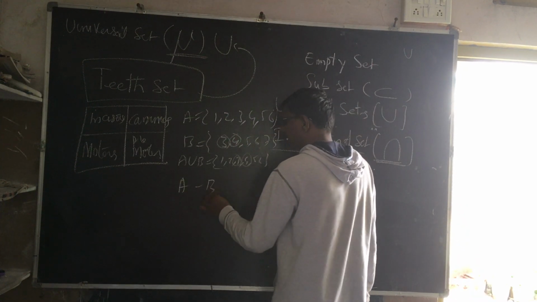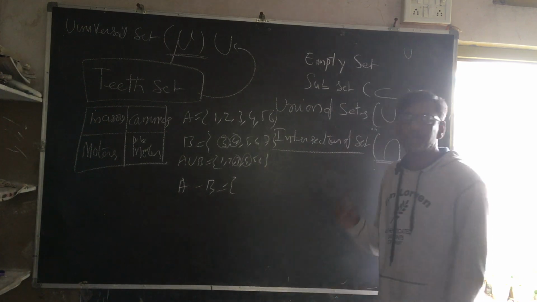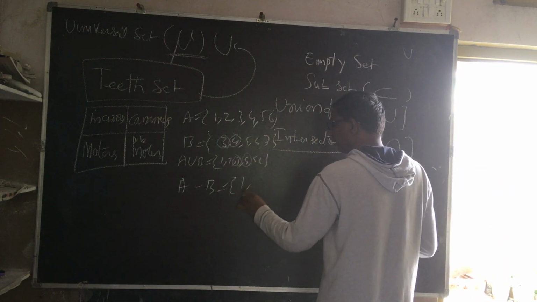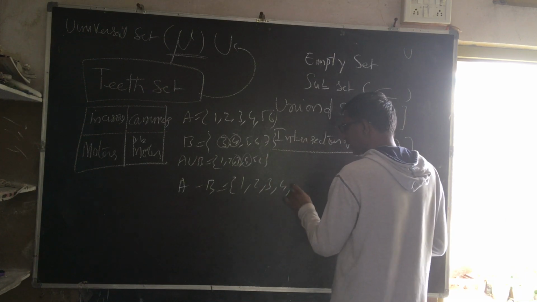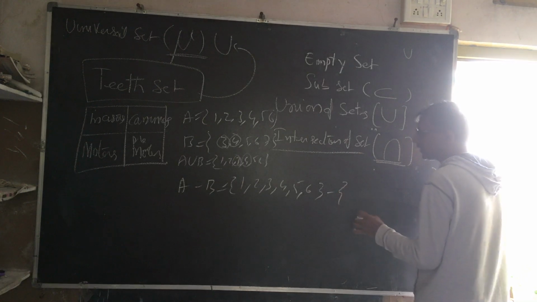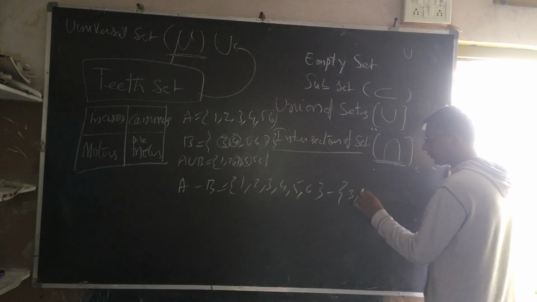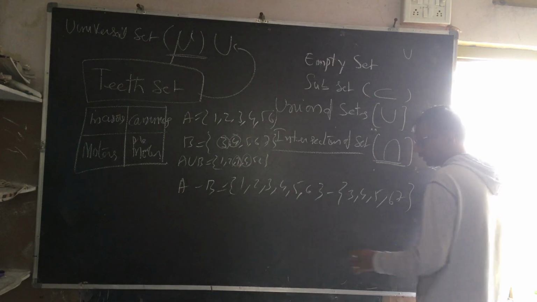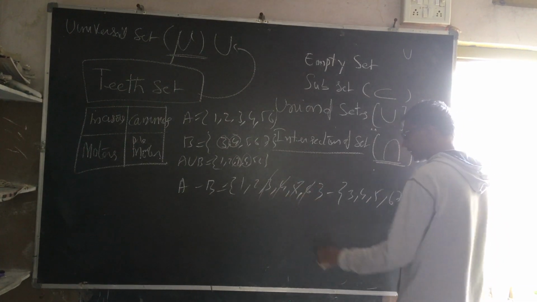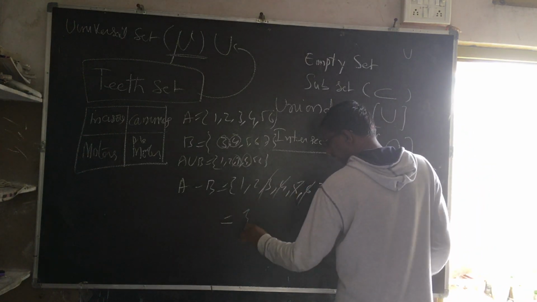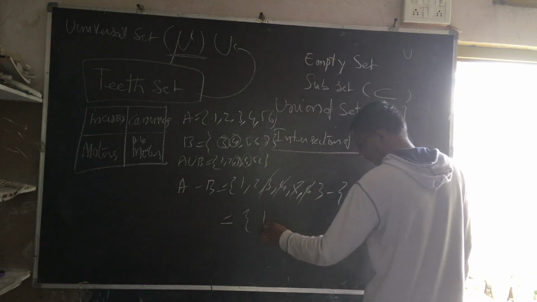A minus B. First write down what is A. What is A? 1, 2, 3, 4, 5, 6, right? Minus, what is B? 3, 4, 5, 6, 7, right? What are the common elements? 3, 4, 5, 6, right? You cancel out and write only A. What are there in A?